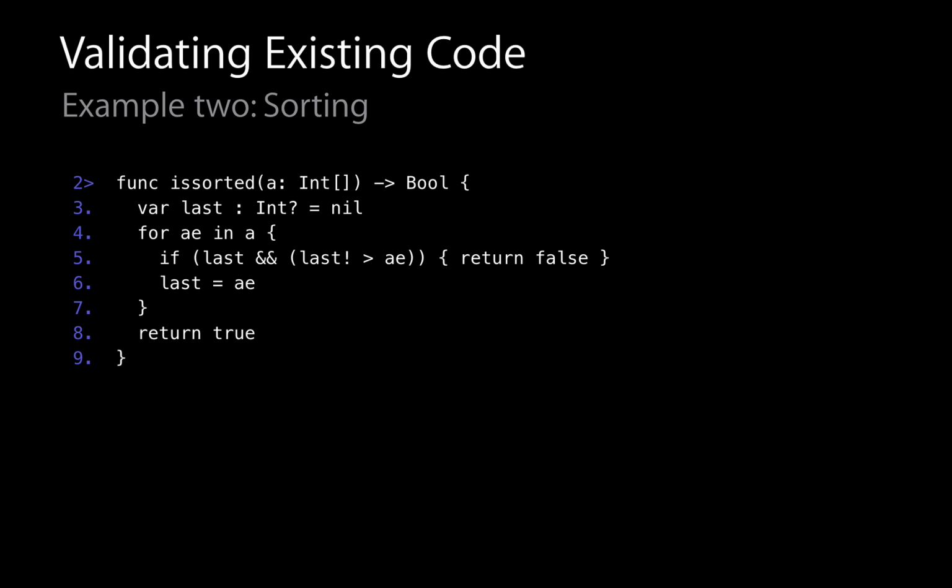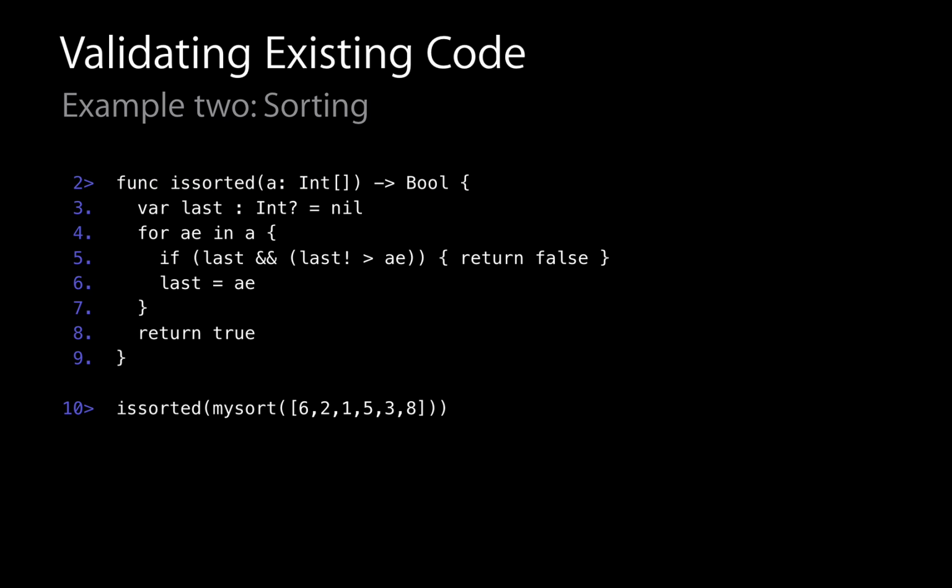If there's ever an element of the array that is less than the previous element, then we know, oh, this array isn't sorted. Now, why are we using an optional for the previous element? Why is last an optional? Well, the first element of the array doesn't have a previous element. So the last element in that case is going to be nil.